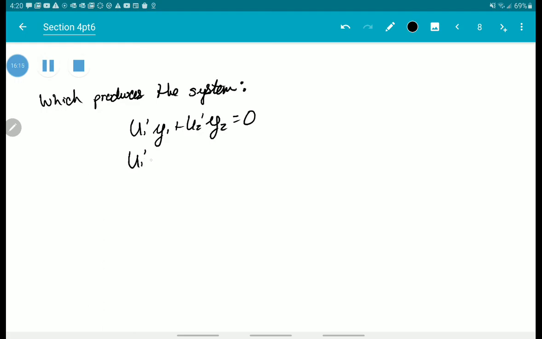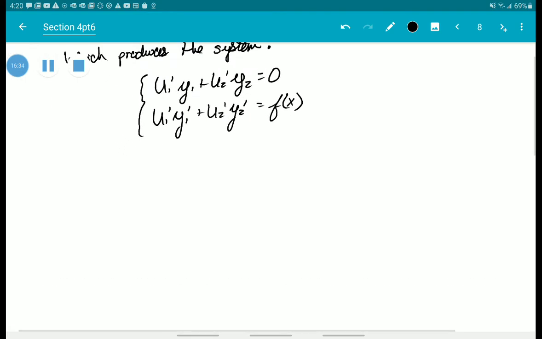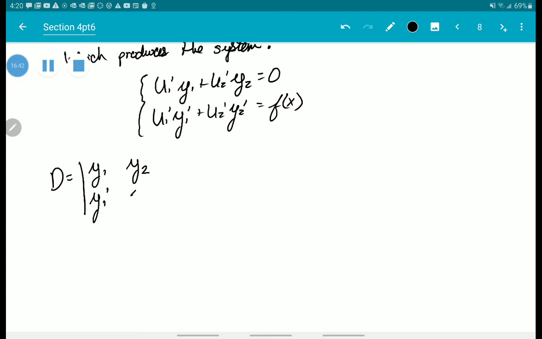And then it follows that u1 prime y1 prime plus u2 prime y2 prime was equal to f of x. So that's where a system is coming from when we create that system. And that gives us enough information to figure out what our D matrix should be, the determinant of the coefficients. Remember, our coefficients here are y1 and y2, and then y1 prime and y2 prime. And then our du1 prime replaces that first column with 0 and f of x.